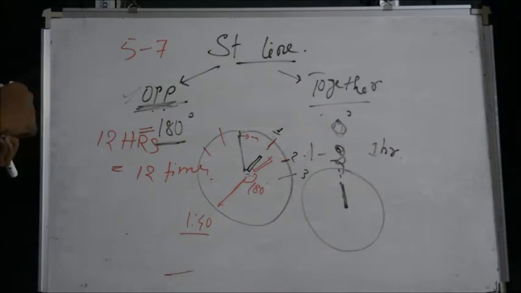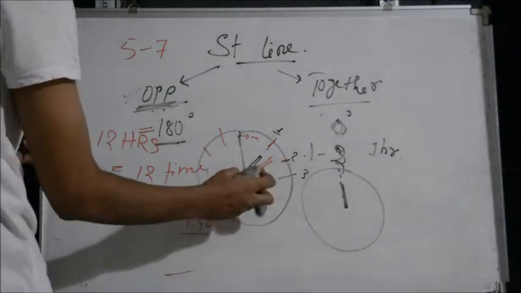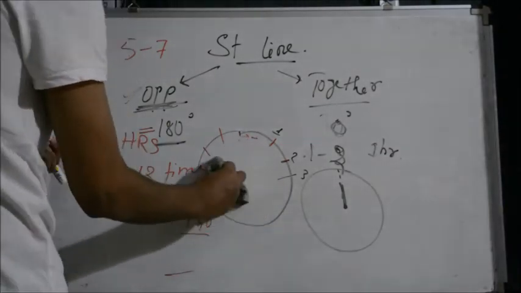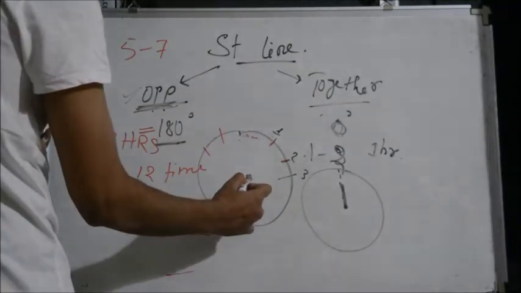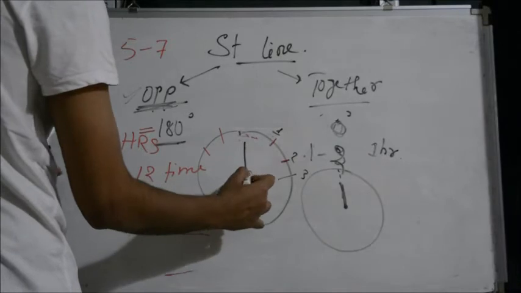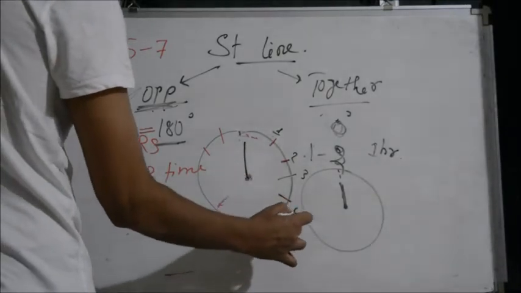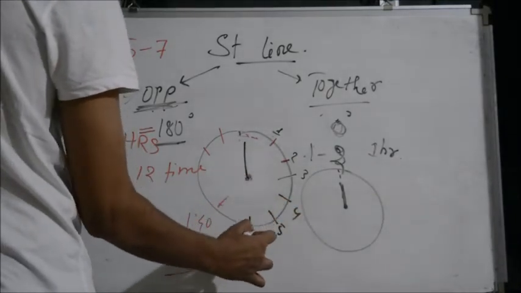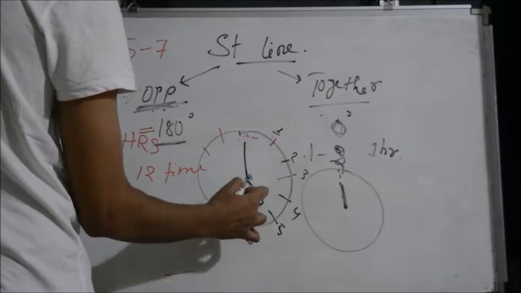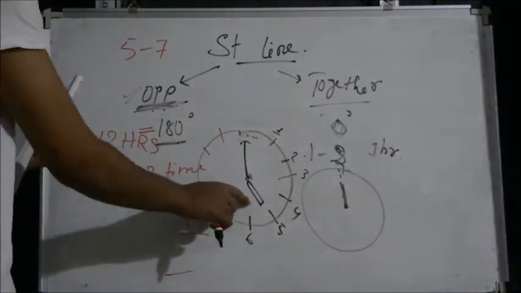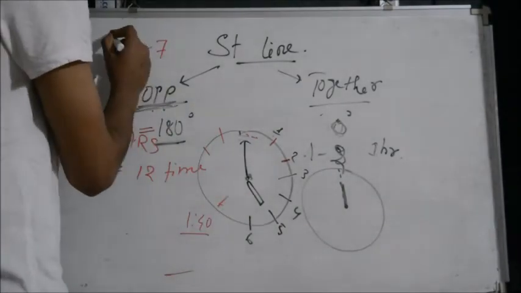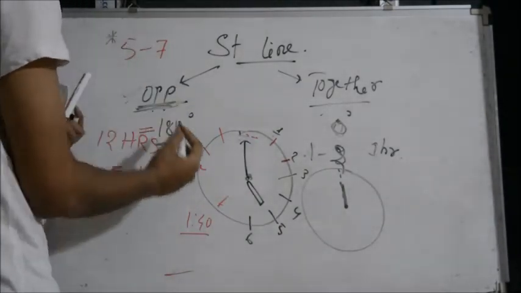Now if we see from 5 o'clock to 7 o'clock, in the same clock, suppose it is now 5 o'clock. So it will be like this: 4, 5, 6. The hour hand will be pointing to 5, and the minute hand will be pointing to 12. Now we have seen there is an exception between 5 and 7.